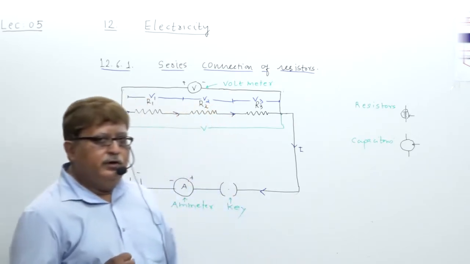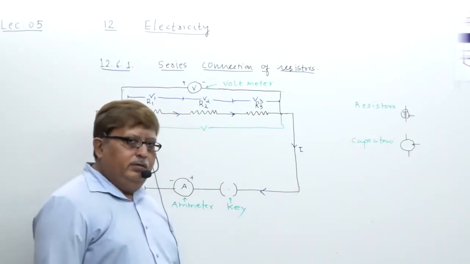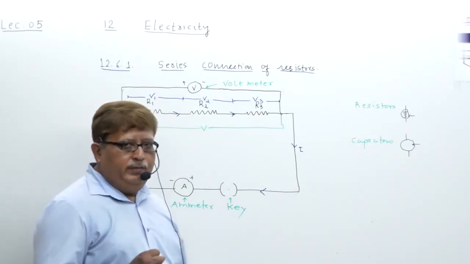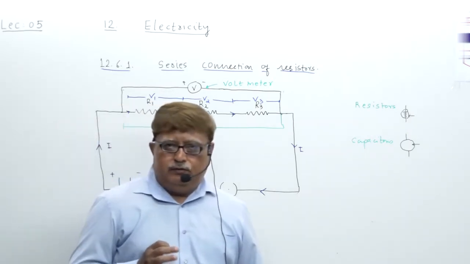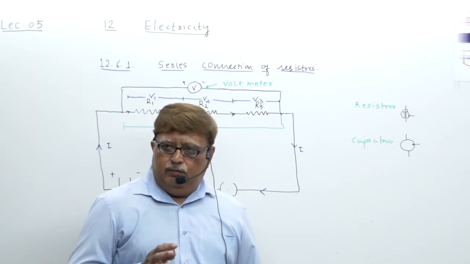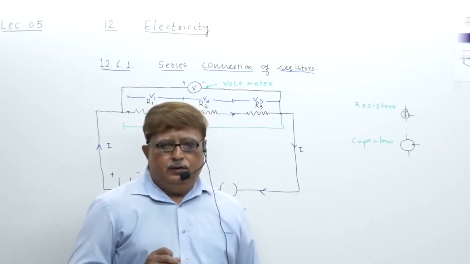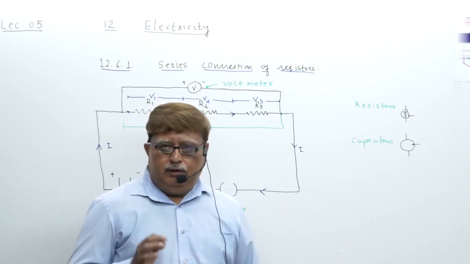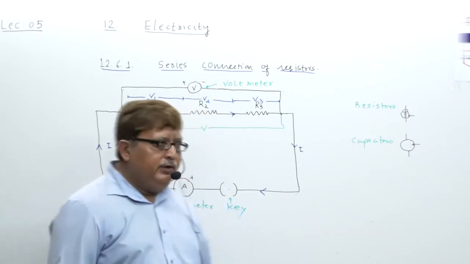Now, my dear student, actual question. In exam, you will be asked a question in this manner: explain series connection of resistors and derive equation for total or equivalent resistance. What does it mean?